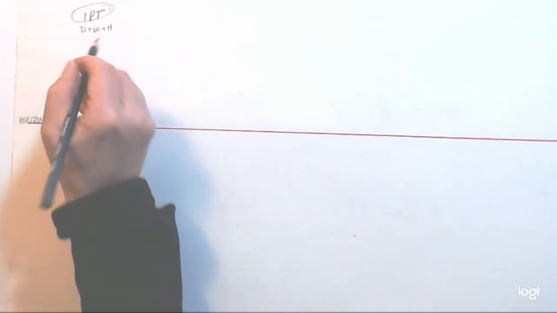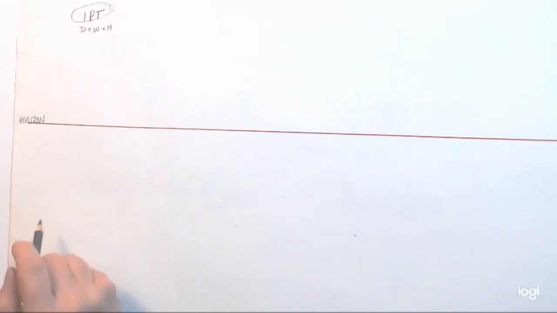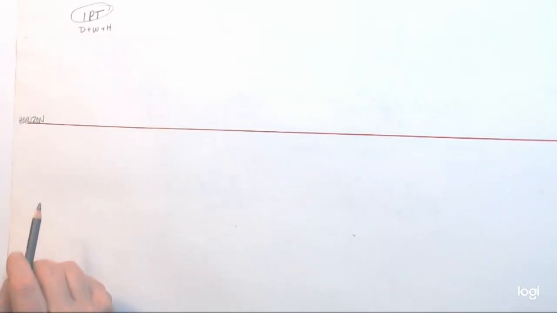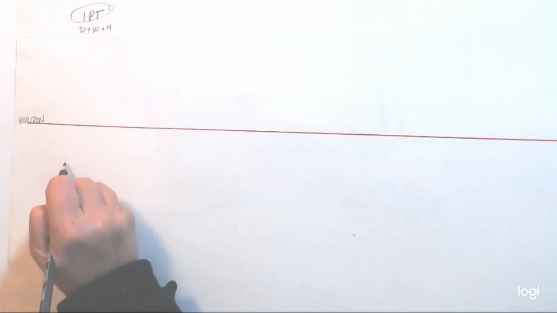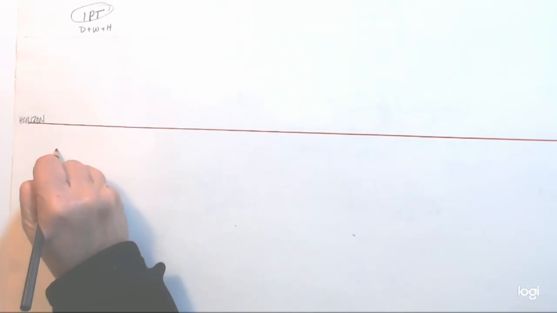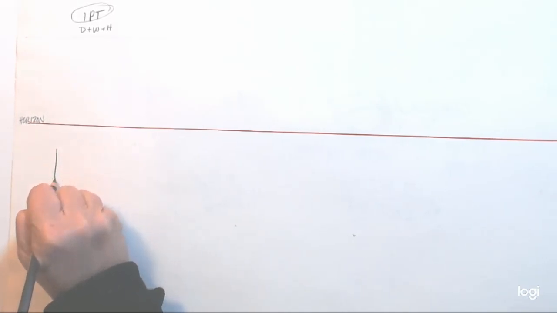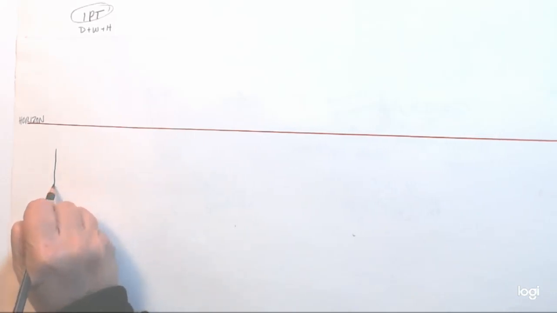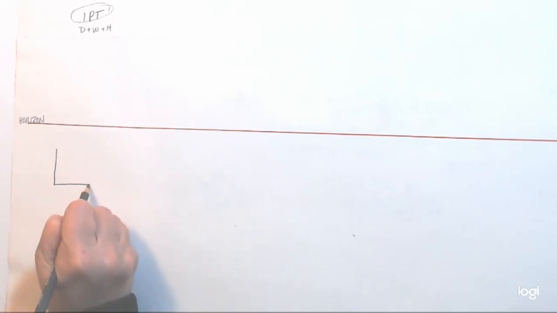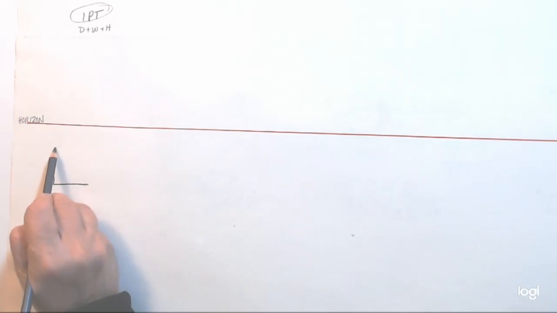1-point perspective usually has what we'll call a face or a surface plane that is facing the viewer. So for instance, if I have a square down here, my height is going to be parallel with the edge of the page. My width is going to be parallel with the bottom of the page.